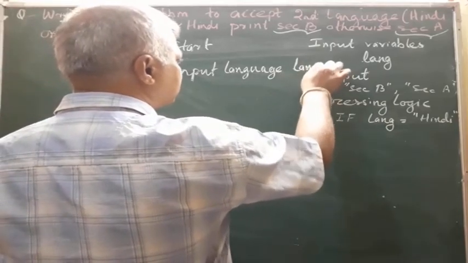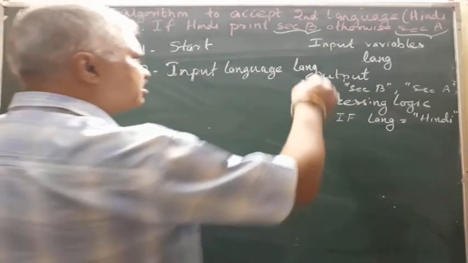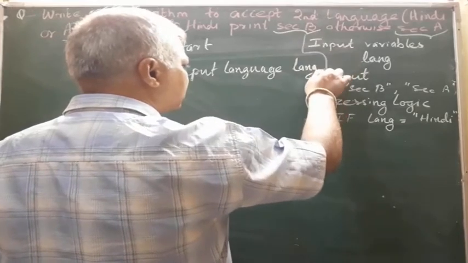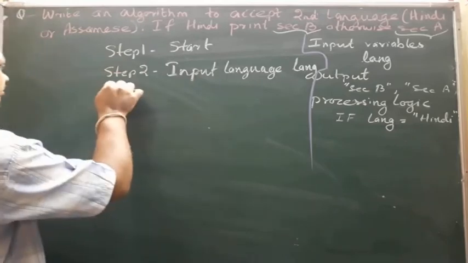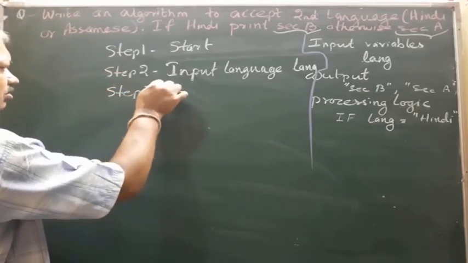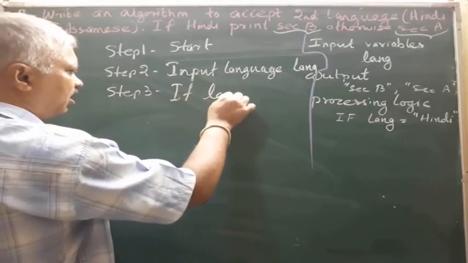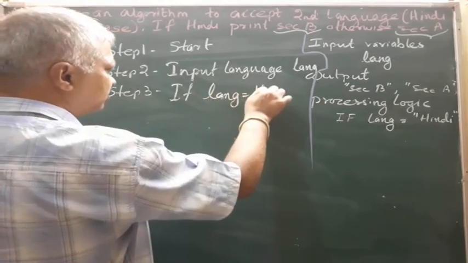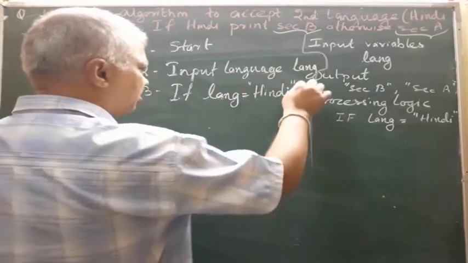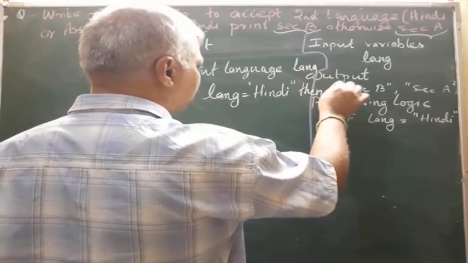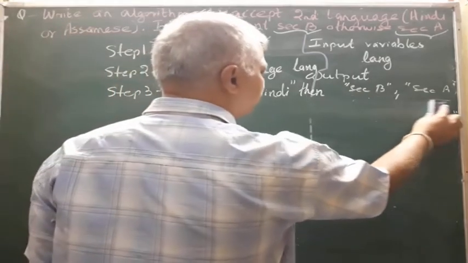I am using lang as a variable, which I have discussed earlier. Step 3, if lang is equal to "Hindi" within quotes, then. Okay, I am rubbing out this, we don't need this now.